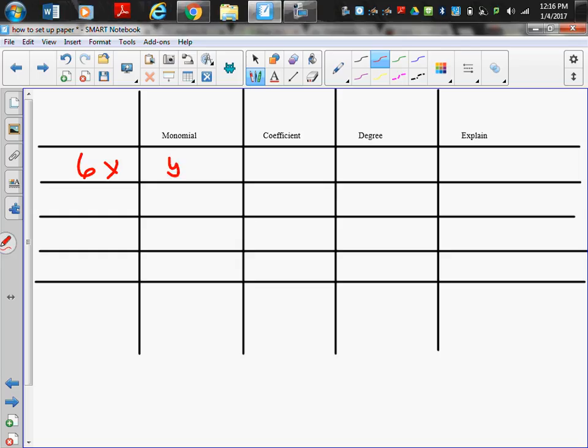Yes. What's my coefficient? 6. What's my degree? 1, because this is x to the 1. So there's nothing to explain, because yes, it was a monomial.